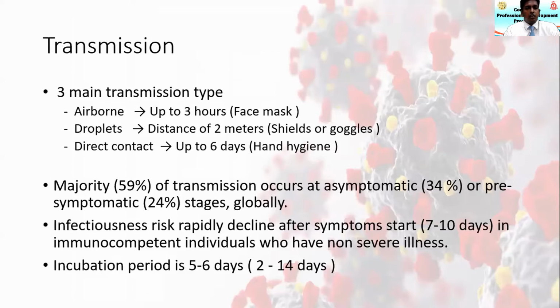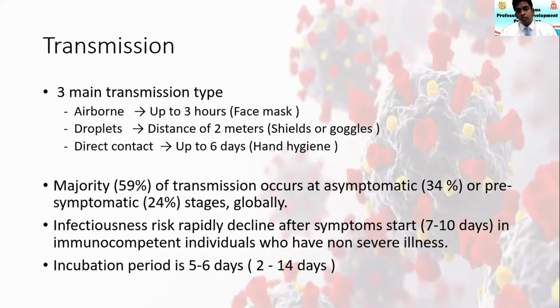So what is the transmission? There are 3 main modes of transmission for this disease: airborne is the main, and droplet transmission and direct contact. The majority of transmission globally occurs in asymptomatic or pre-symptomatic stages, which is almost 60 or 59%.